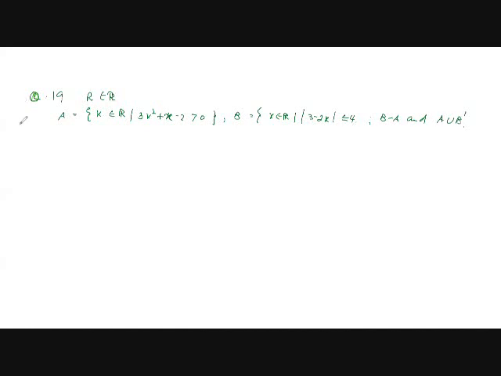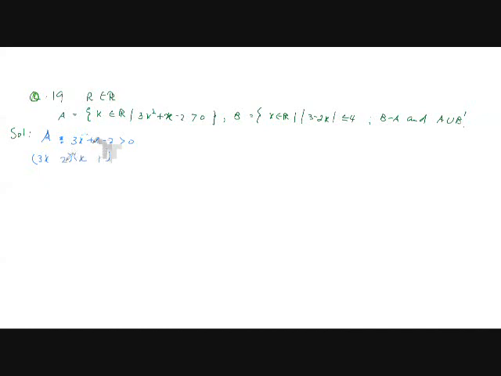In this case, we work on set A first. Set A, we have 3x squared plus x minus 2 greater than 0. Then factor it. It becomes 3x, x, and can be 2 and 1.